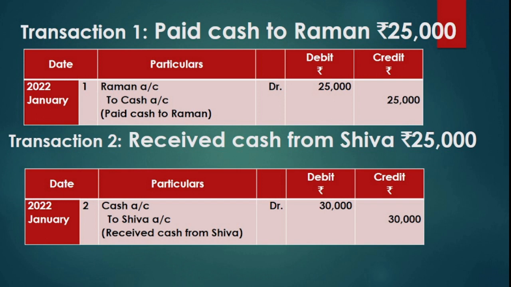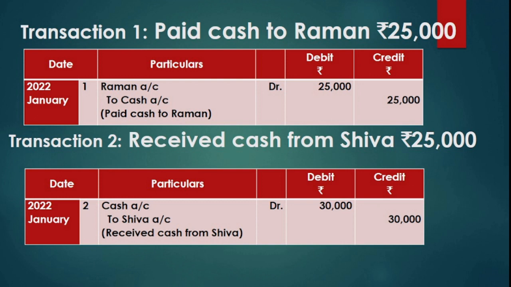Raman is a person, so Raman account is a personal account. Here we paid cash to Raman, and Raman receives cash, so he is the receiver here. So according to the rules, we should debit the receiver. So here we have debited Raman's account, and we paid cash. The cash is an asset.